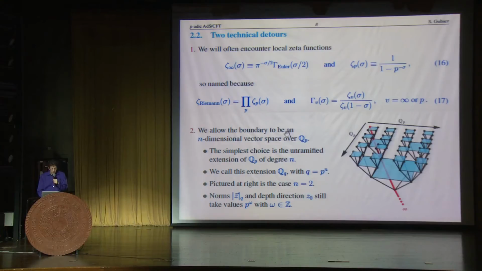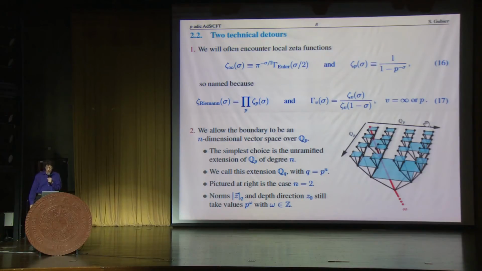My other little technical detour here is that I really want to tell you about AdS n+1 / CFT n. And to do that, I had better introduce n-dimensional vector spaces over the p-adics. Well, there's a nice way to do that. It's the so-called unramified extension of the p-adics, whose degree n is to be thought of as the dimension of the vector space that we're considering over the p-adics. So I've tried to draw it as well as I can for the case n equals 2.